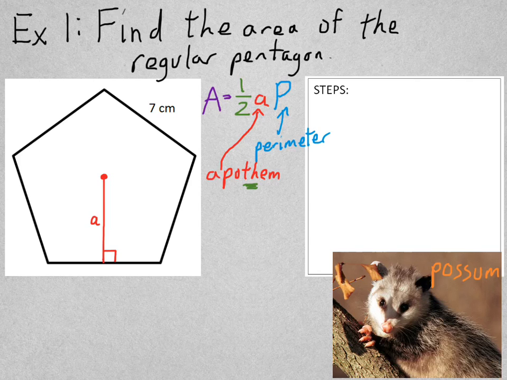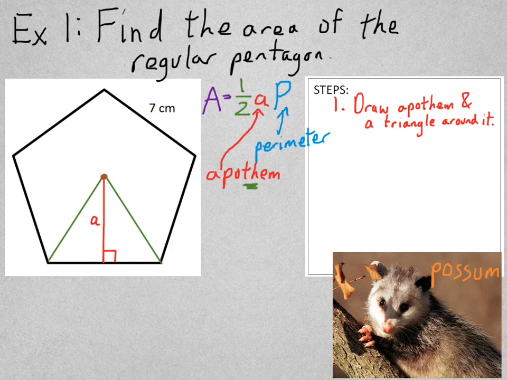Okay, so let me walk you through a few steps. The first step is to draw the apothem and a triangle around it. So now here's the triangle that I'm talking about. I'm going to connect the center of the pentagon to the two vertices on either side. Now, how does that help us? Okay, well, consider this. We know that one side of the pentagon is 7 centimeters.